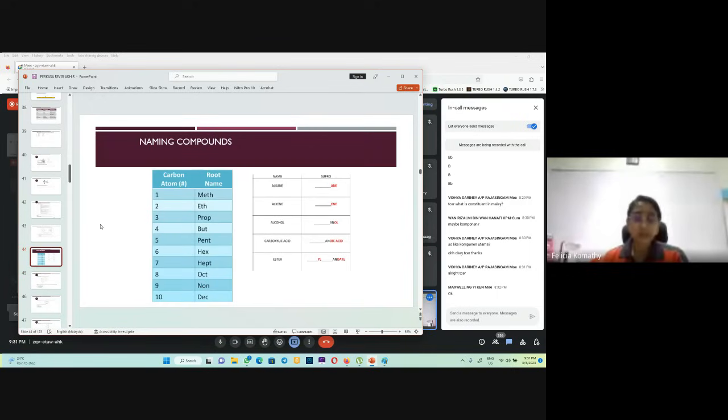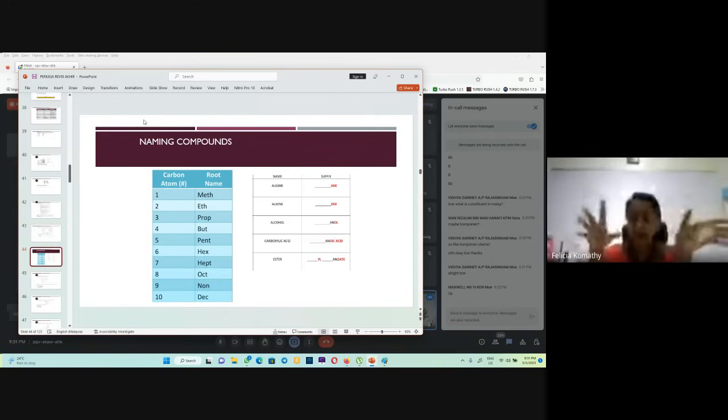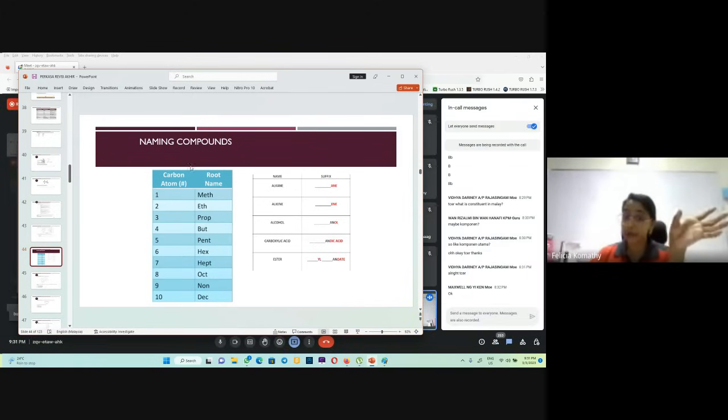Other than that, naming of the compound. For every compound, we can split it into two parts, the head and the tail. The head is given based on the number of carbons, so you must know the prefix to be used for the head. If the carbon number is 2, the head name will be eth. If it's 4, it will be but.